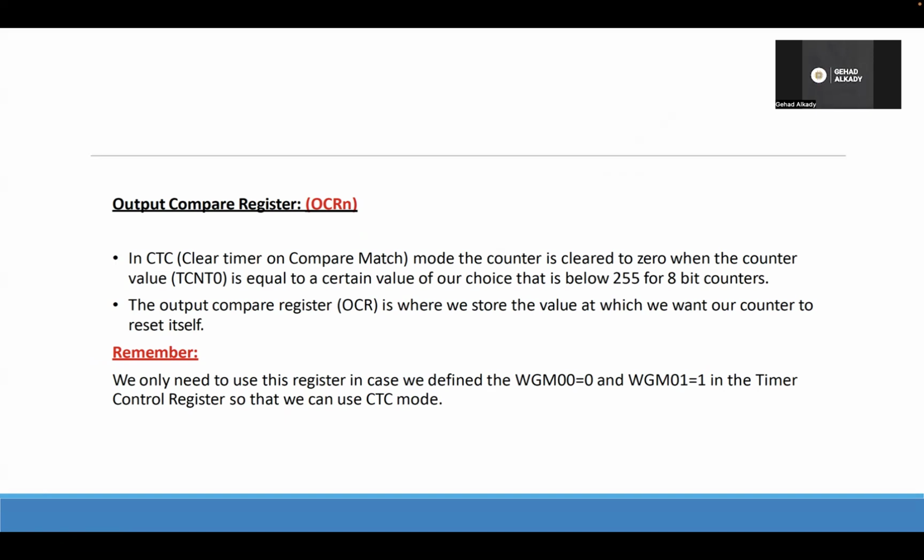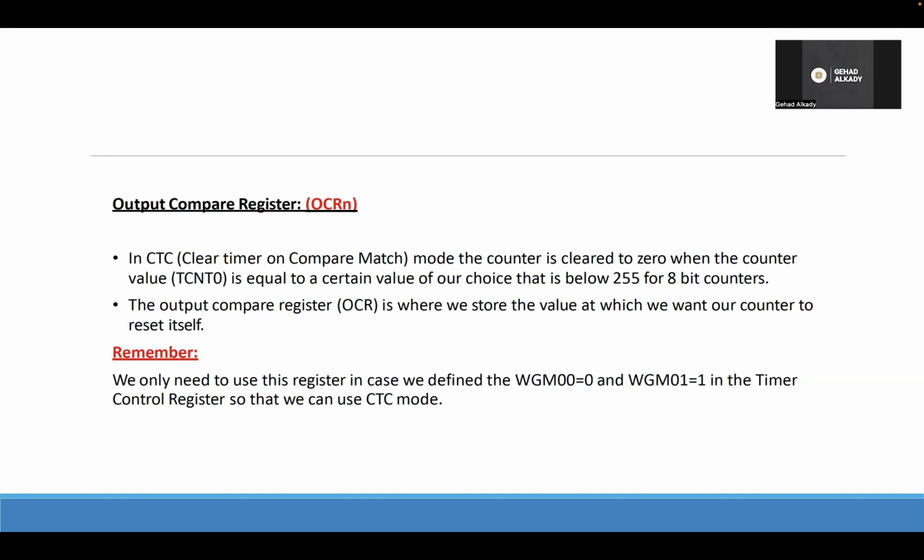We have to determine the frequency of the system. We have to determine the time period from the equation: time period equals 1 over the frequency. And also we have to determine the number of counts that is equivalent to the time that we want, based on the time of one time period.